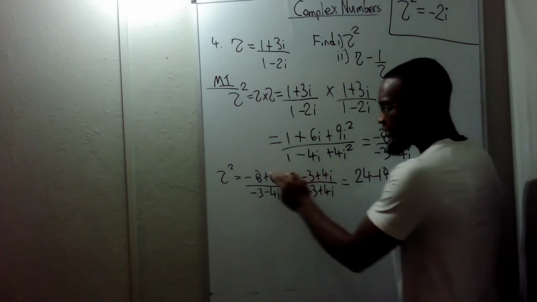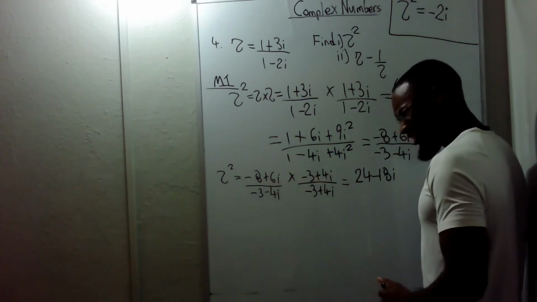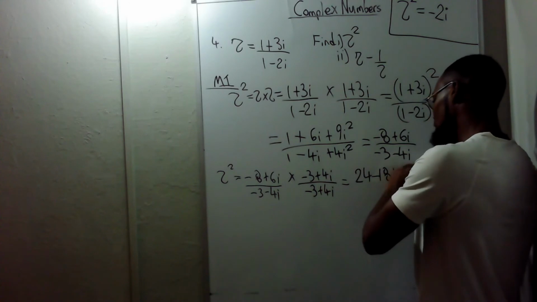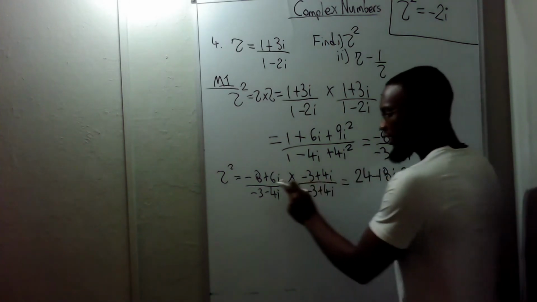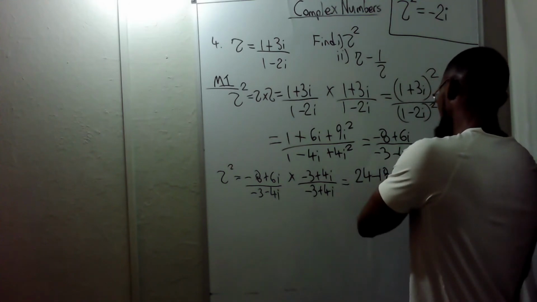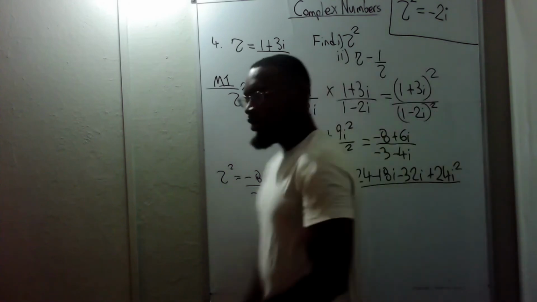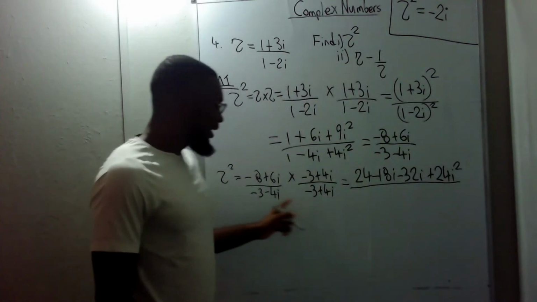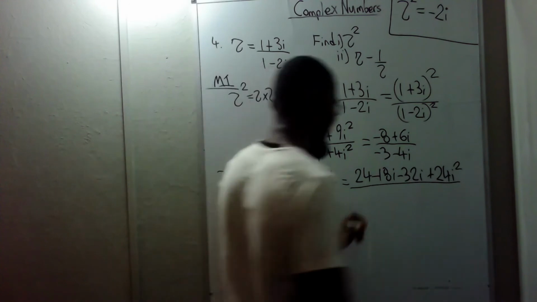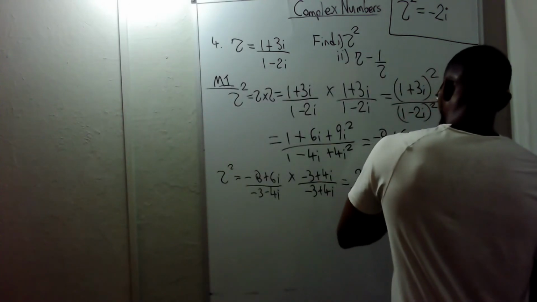Then we'll go 4i times -8, 4 times 8 is 32, so that's -32i. And then 4 times 6 is 24, so that's now plus 24i squared. Over, multiplying the denominators becomes the difference of 2 squares, so that's -3 squared minus 4i squared.